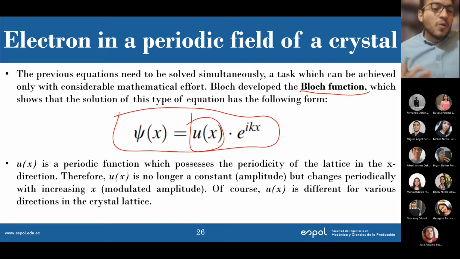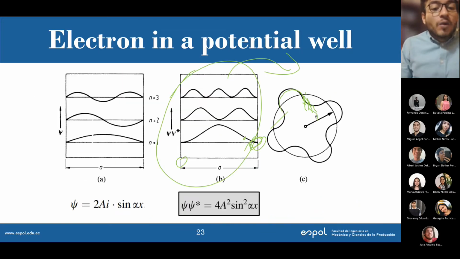So what's different now with u of x compared to the other cases, where we had only one well, and now I have a periodic arrangement of wells? Well, now u is not a constant, because remember what I had before, a squared, right? Sorry, it was 2a. Forget about that, but it was a constant.